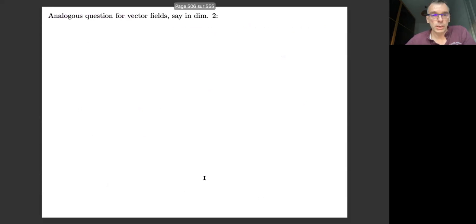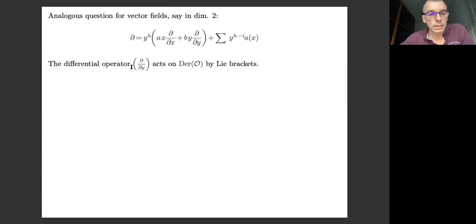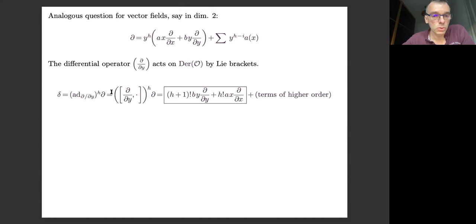So the natural way to do this for a derivation is just to apply the derivation with respect to y on the derivation, but in this case the Lie derivative corresponds just to applying the Lie bracket h times. So you apply the derivative as a Lie bracket h times to your initial vector field or initial derivation.